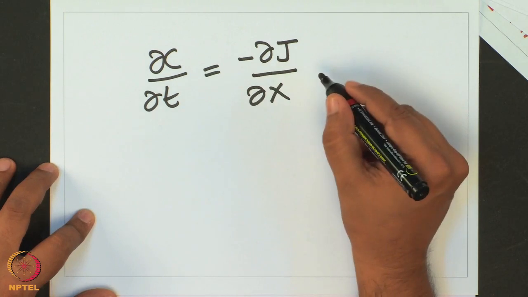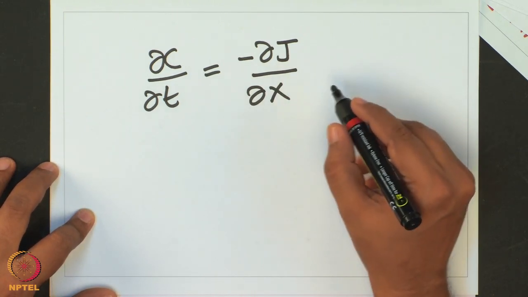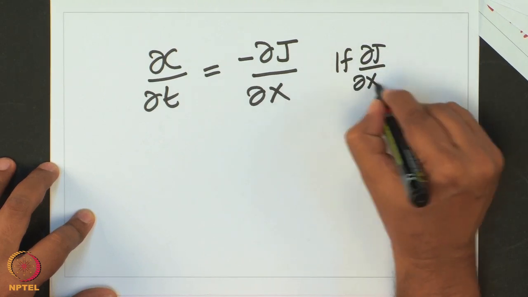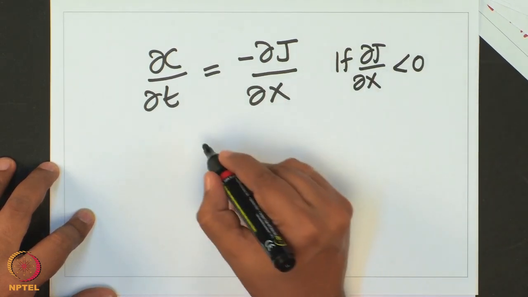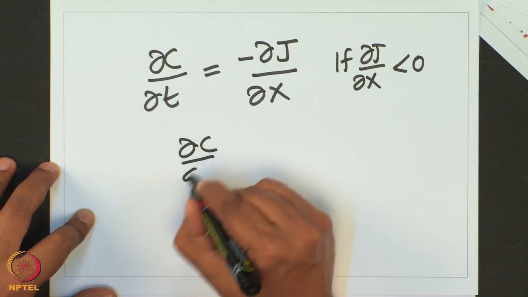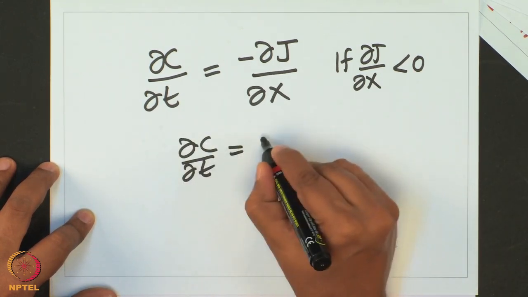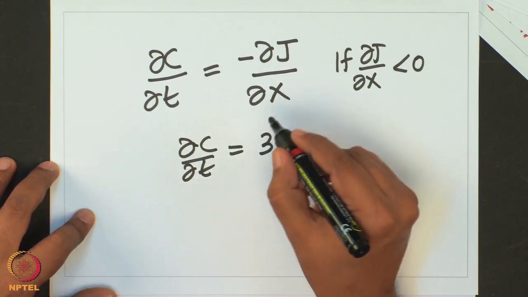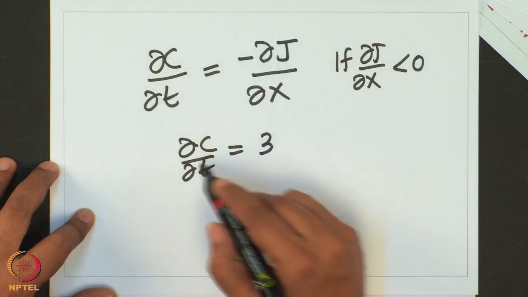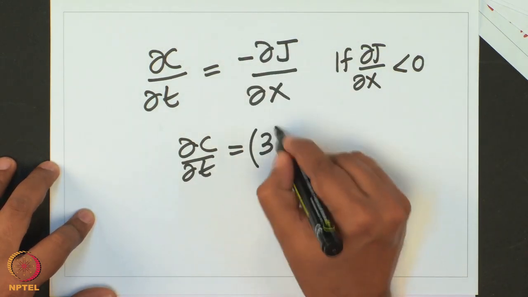This is the claim that we are making. If this is the case, in the first case, if del J by del x is less than 0, then that would imply that del C by del t will be some positive number, like 3. If this is less than 0, this will be negative. Negative times negative is positive, it will be some positive number like 3.